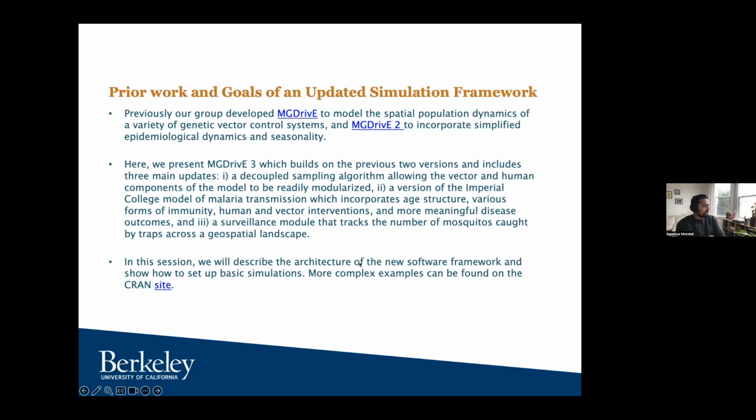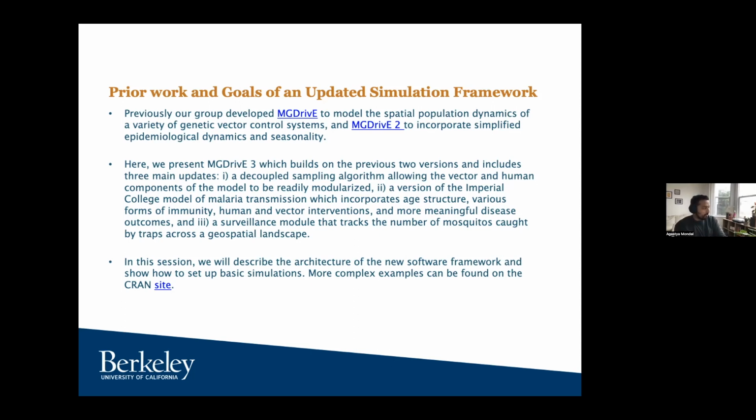So previously, our group developed MGDrive to model the spatial population dynamics of a variety of genetic vector control systems, and MGDrivEv3, which linked those population dynamics to simplified epidemiological dynamics and seasonality. Here we present MGDrivEv3, which takes the core components of those previous software packages.